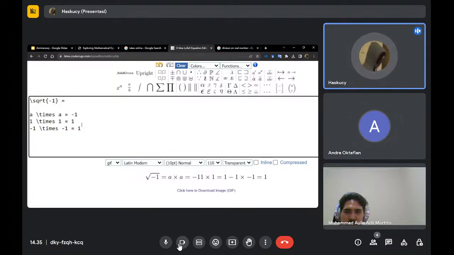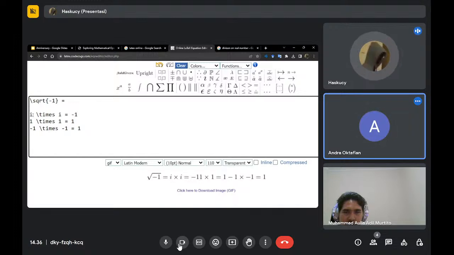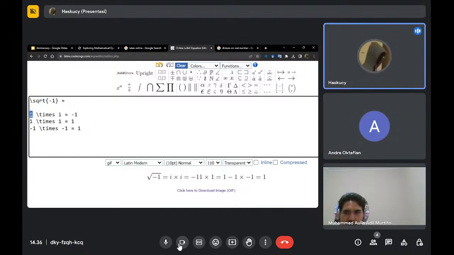So for this example, since we don't have such a number, we use a placeholder number called I. Just imagine that this exists. This is why it is called an imaginary number. Imagine a number I. When it times itself, it results in minus 1.